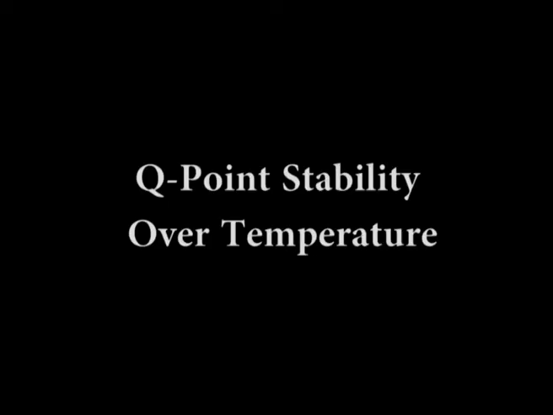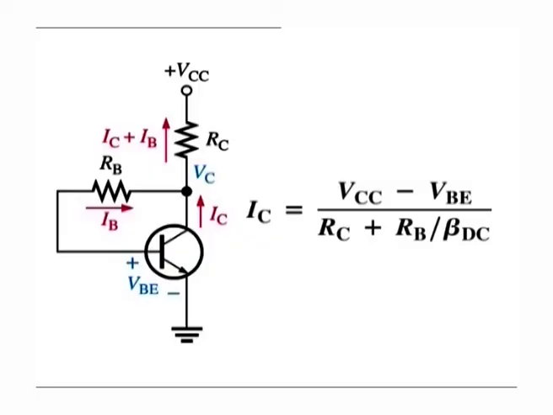Q point stability over temperature. The equation IC = (VCC - VBE) / (RC + RB/βDC) shows that the collector current is dependent to some extent on βDC and VBE.